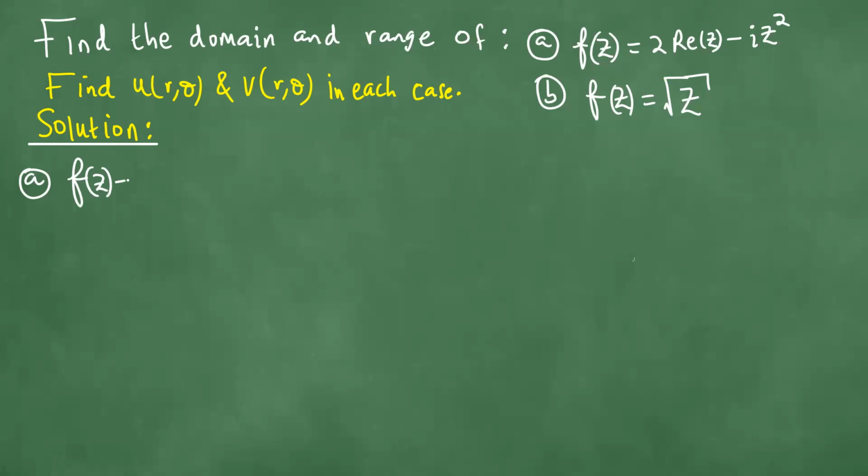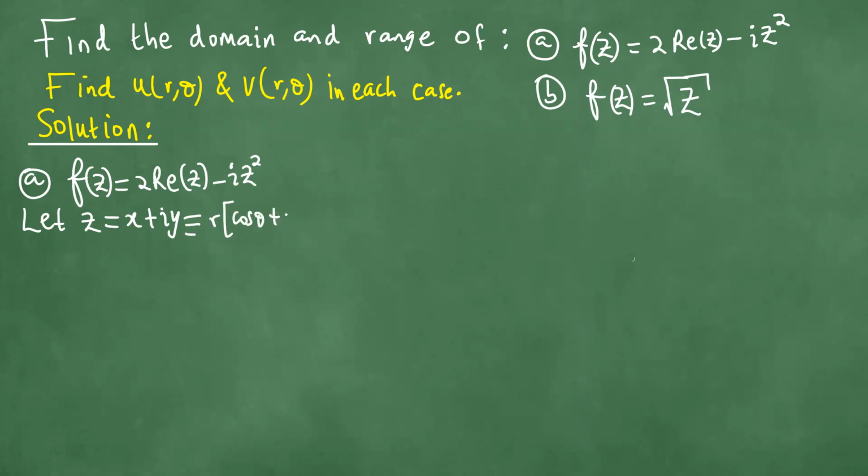f of z, 2 into the real part of z minus i z squared. From this point you let z be x plus iy, and this is exactly the same as r into cosine theta plus i sine theta.